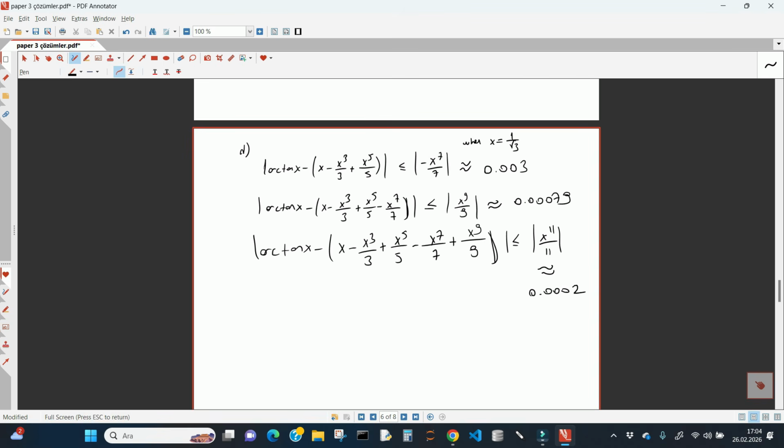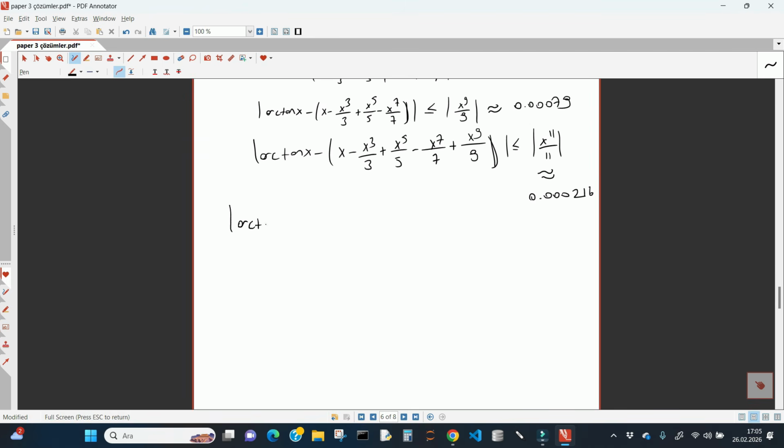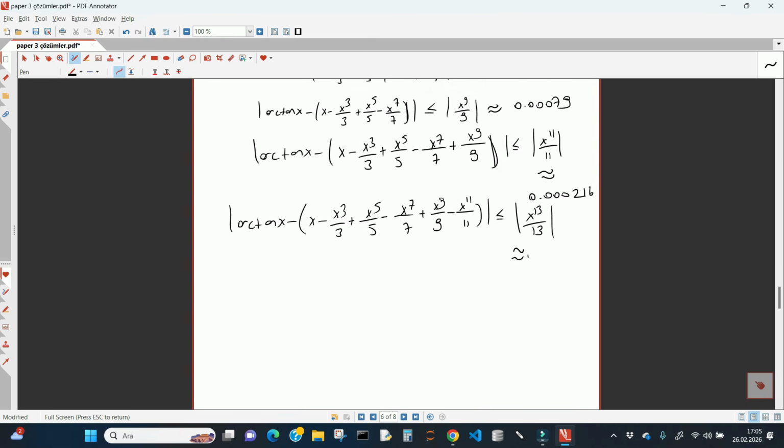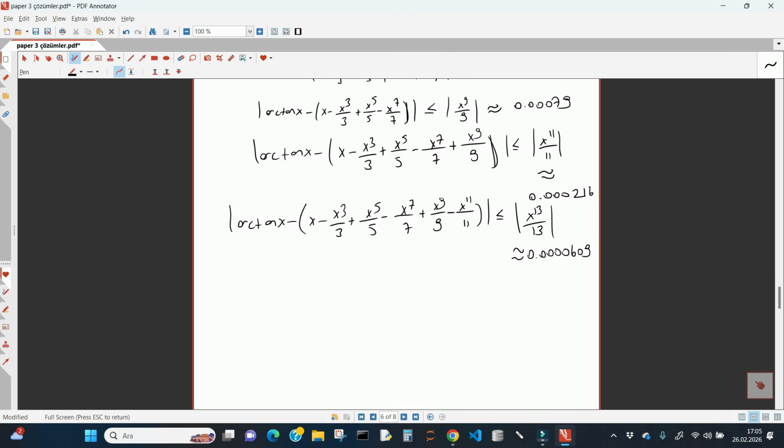We can write approximately like this. So when we add one more term to find the error, it will be less than or equal to x to the power of 13. Okay, I'm going to check this now. Replace 11 with 13. So this is the value that we're looking for. We can write in here, it is approximately 0.00006.